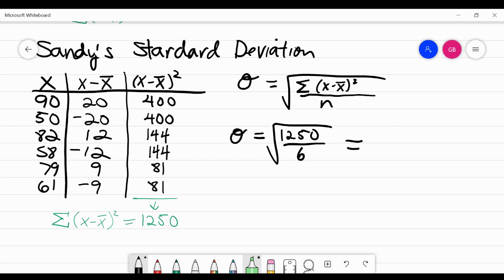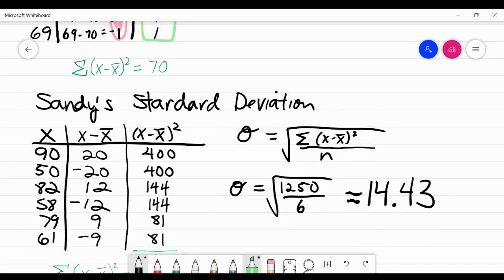We have 6 numbers. So use your calculator to calculate this. So that standard deviation is 14.43, to 2 decimal places. Okay, so Sandy's is 14.43.